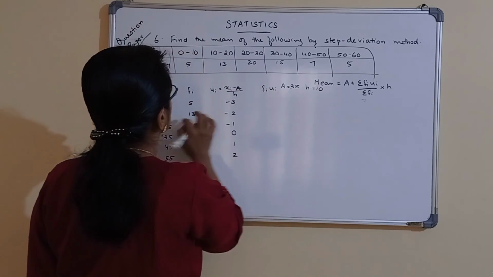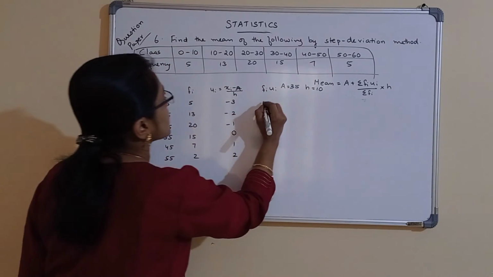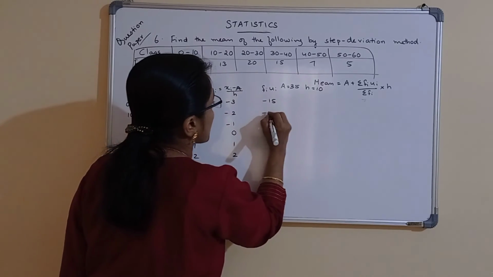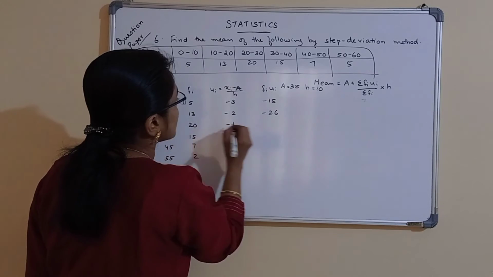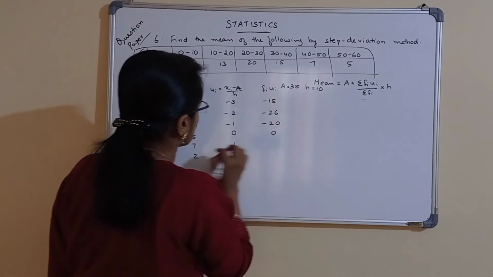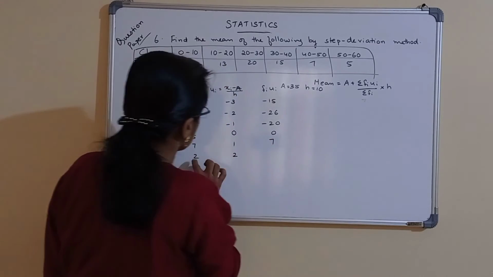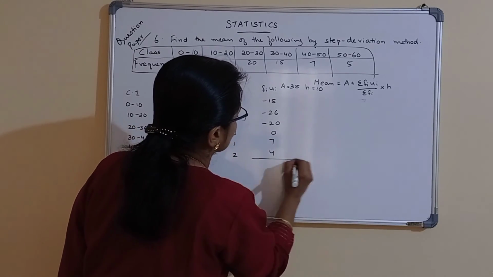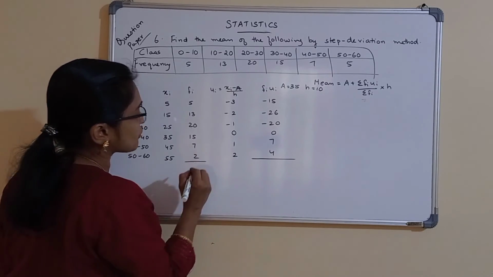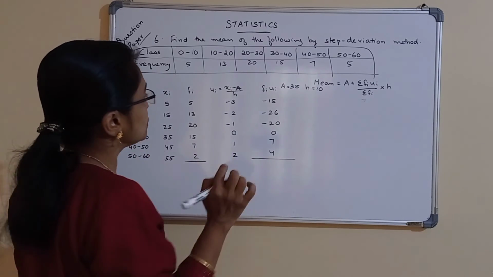What is fiui? 5 into minus 3, minus 15. 13 into minus 2, minus 26. 20 into minus 1, minus 20. 15 into 0, 0. 7 into 1, 7. 2 into 2, 4. So we have to calculate sigma fi as well as sigma fiui.